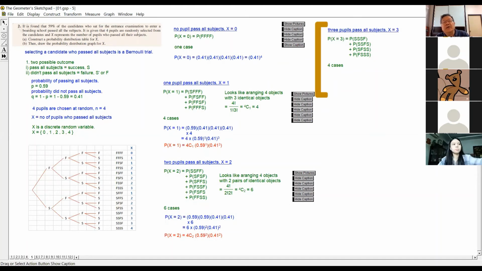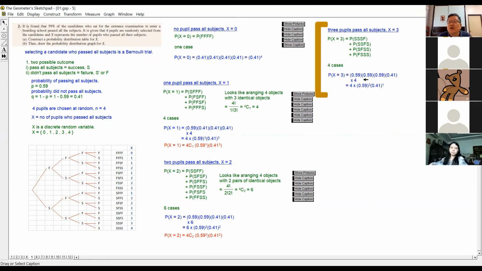Now it comes to the probability. There are supposed to be 3 success, so the probability of success must be to the power of 3. There are 3 success, that means there is 1 failure, so the probability of failure is to the power of 1. Let's see if it is correct.